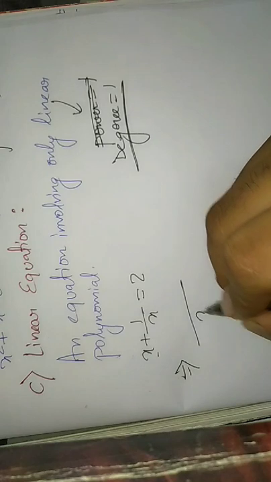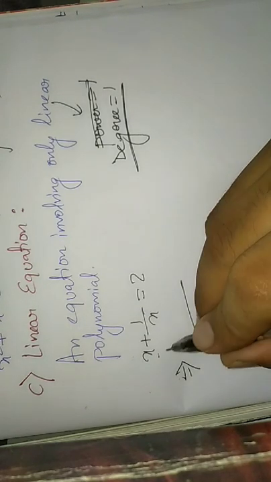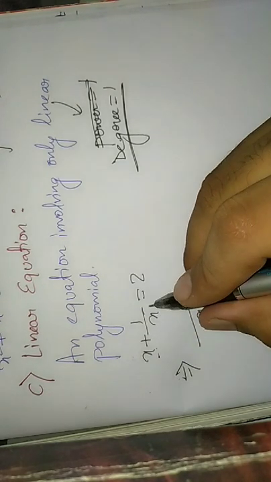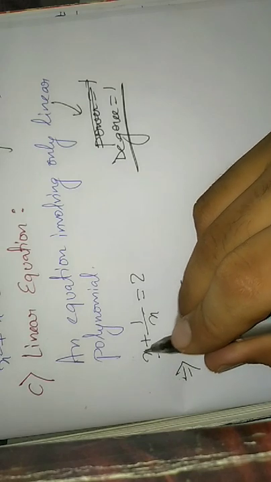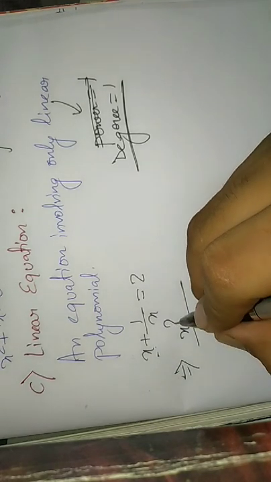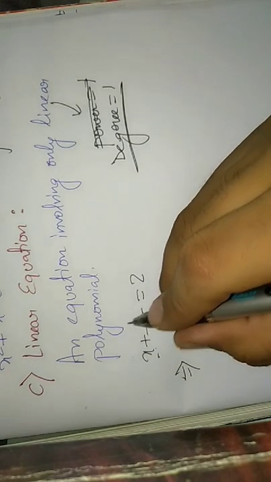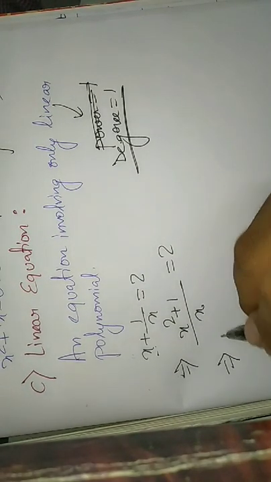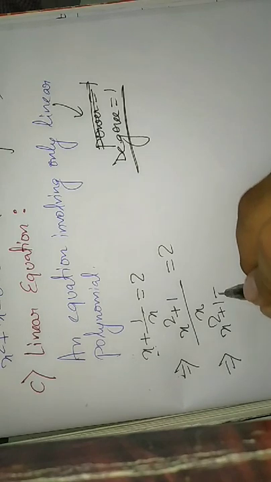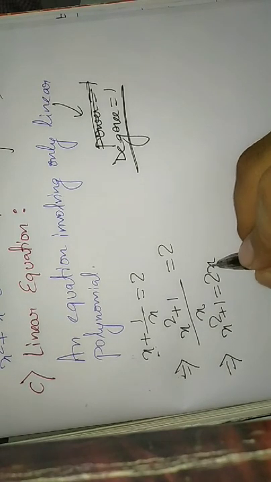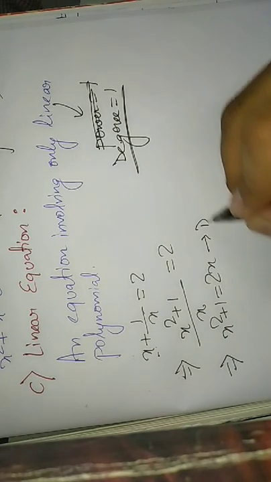Taking the LCM, x divided by 1 gives x, x into x gives x square, plus 1 is equal to 2x, so x square plus 1 is equal to 2x. What is the degree?